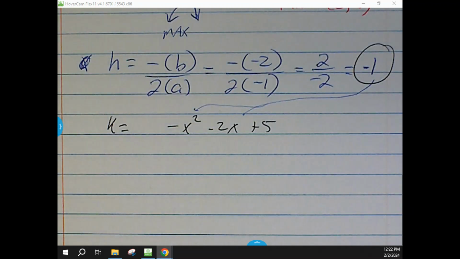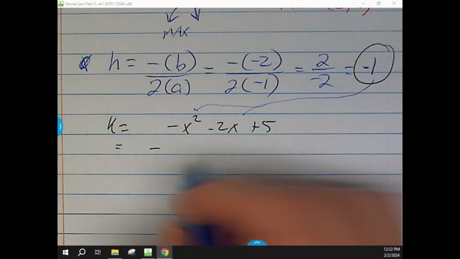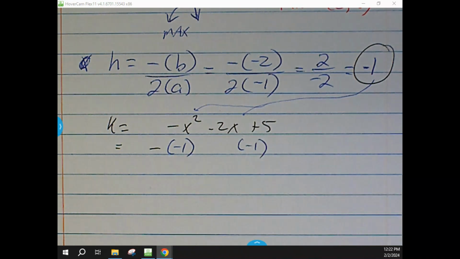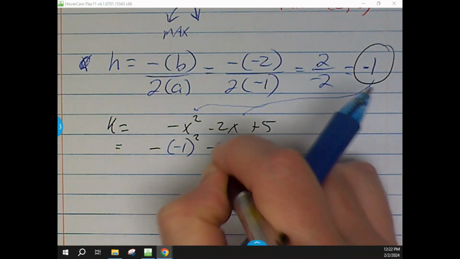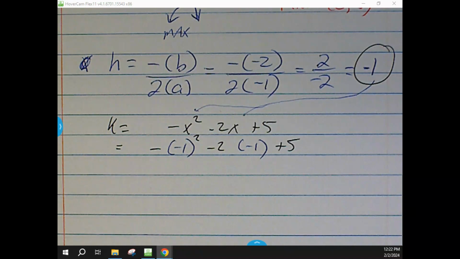The big thing you've got to remember for this one is, wherever you've got the x, we're going to plug in this negative 1. You've got to make sure it's in the parentheses. And then everything else goes on the outside of parentheses. That negative goes on the outside, that negative 2 goes on the outside, that plus 5 goes on the outside. And if you do that, there's a 99.9% chance of you getting this question right.